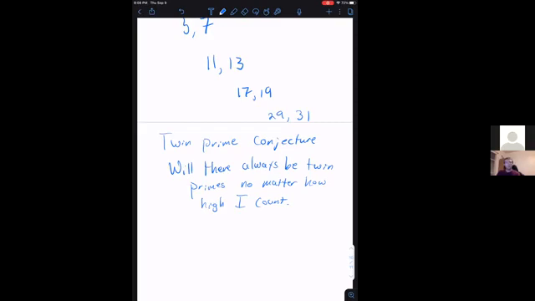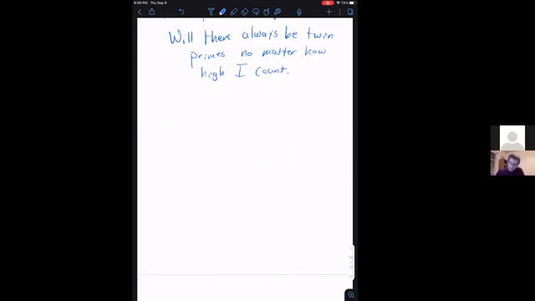That's 3.1. Now we're going to talk about 3.2, which is really just negations of our quantified statements. I'm going to start with a definition, and then we're going to do some examples, and that will really be it for 3.2.